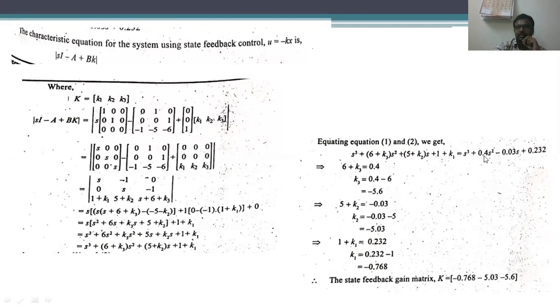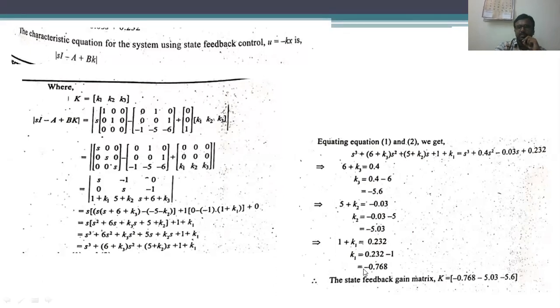With the comparison of the S square terms, we have 6 plus K3 is equal to 0.4. From that K3 is equal to minus 5.6, and 5 plus K2 is equal to minus 0.03. From that we get K2 as minus 5.03, and 1 plus K1 is compared to the constant value 0.232.